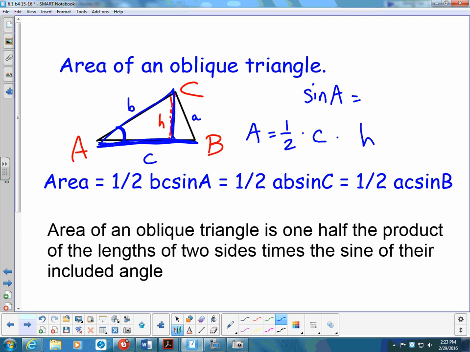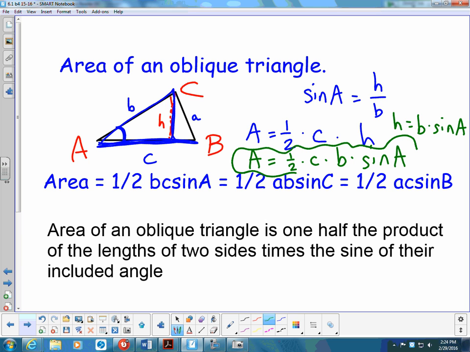H over B, opposite over hypotenuse, and that means that H is equal to B times the sine of A. So our formula could be written area equals 1/2 C times B times the sine of angle A.